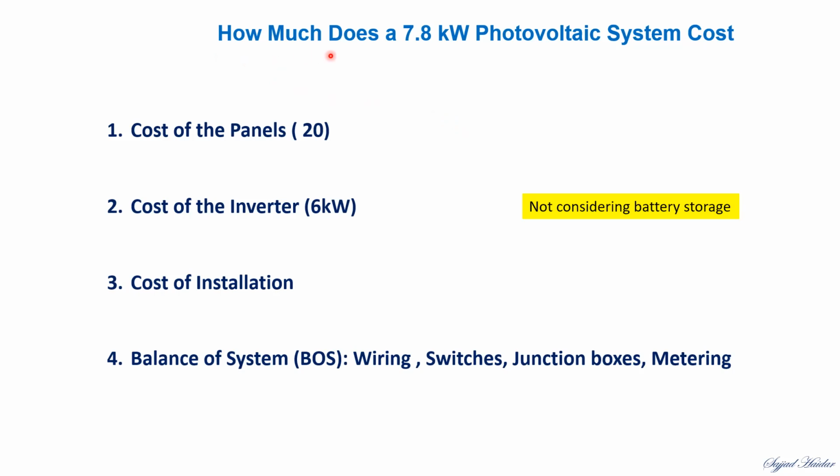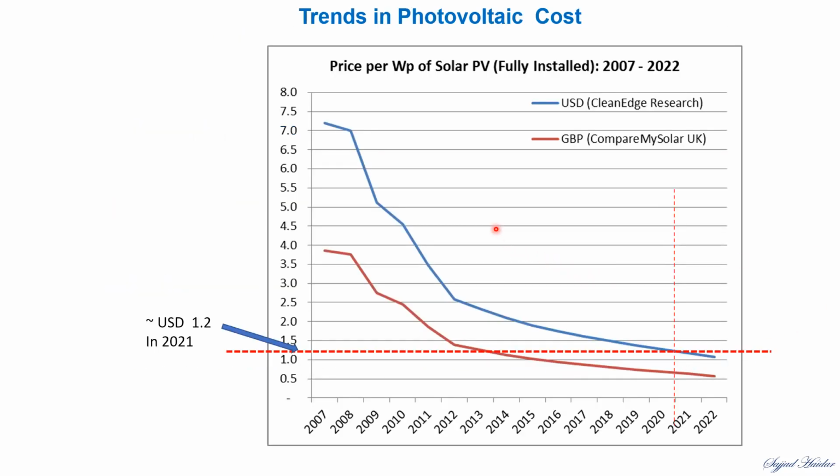So how much does a 7.8 kilowatt photovoltaic system cost? We have to consider the cost of the panels, that is 20 panels, the cost of the inverter, the cost of installation, and the balance of system, that is wiring, switches, junction boxes, and metering. If we take a look at the trends in photovoltaic cost, it was pretty high in 2007 and 2008, and it is going down and down year over year.